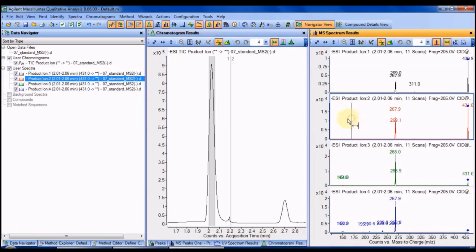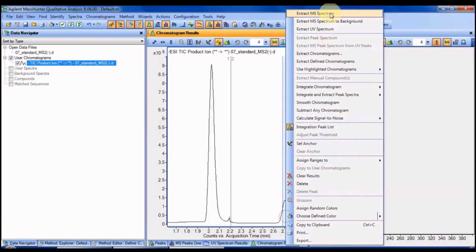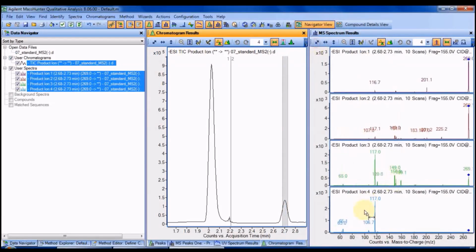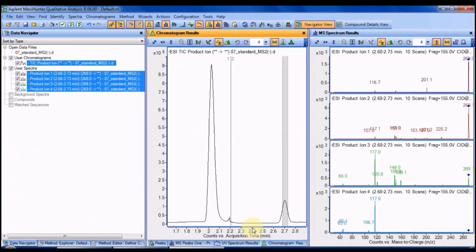In aglycone spectra, several peaks are observable, corresponding to different fragmentation pathways. However, to ensure high sensitivity, we will choose the most abundant one at m/z 117.